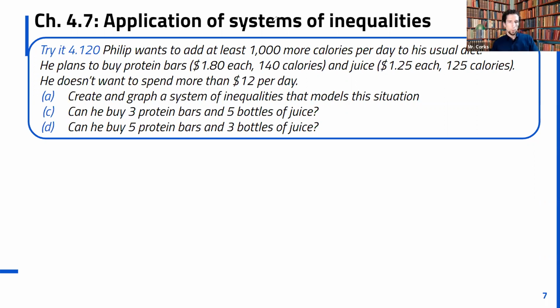So the question is already telling us that this is a system of inequalities. What variables would you choose here? Or how would you represent the situation with variables? Can we use X for the protein calories for protein bars?